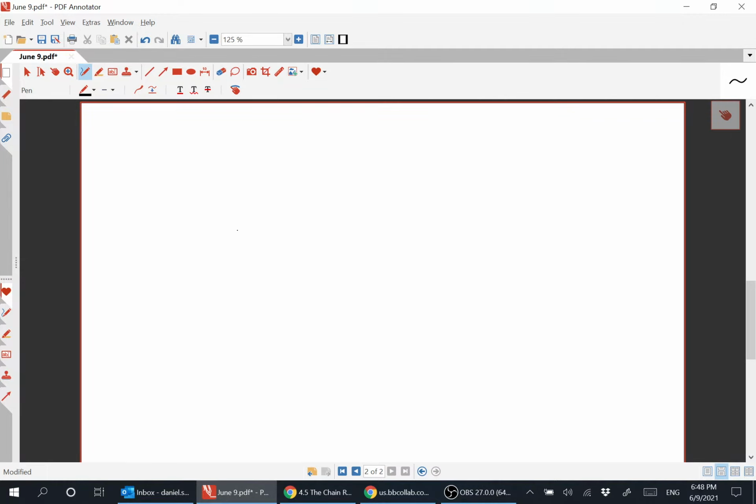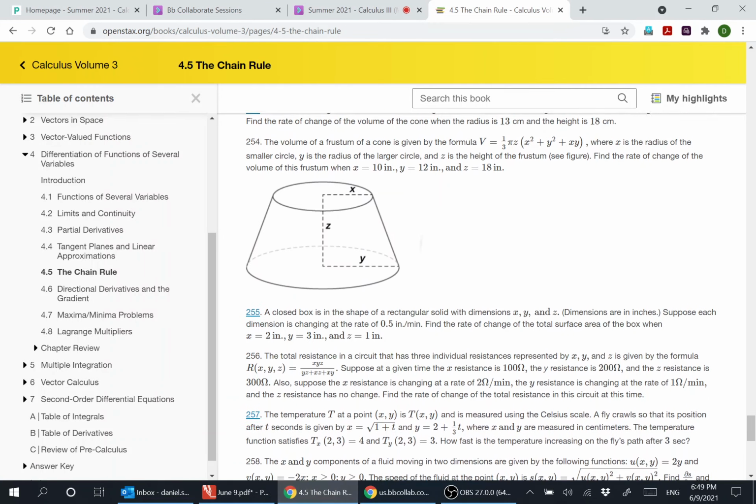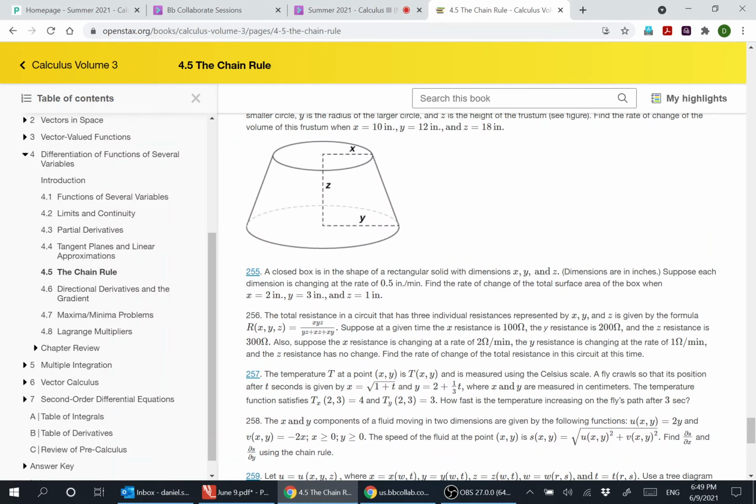So on the syllabus, there is 254, then there's 255. All right, this one's a little bit different, a little bit simpler. A closed box is in the shape of a rectangular solid with dimensions x, y, and z in inches.